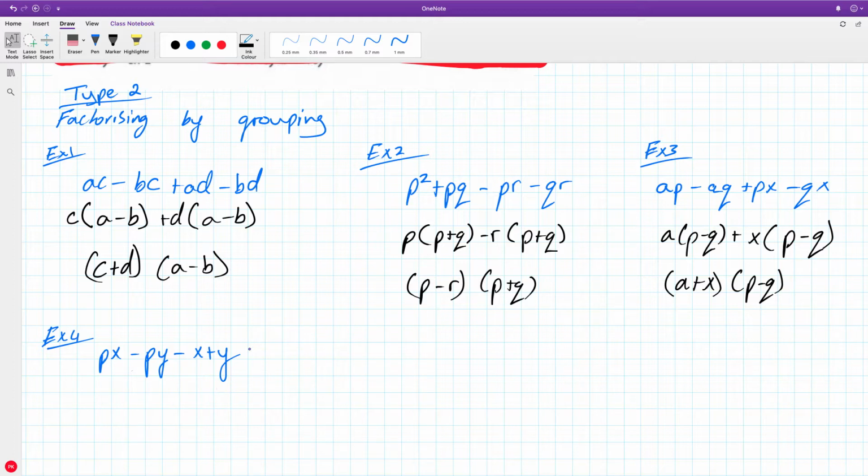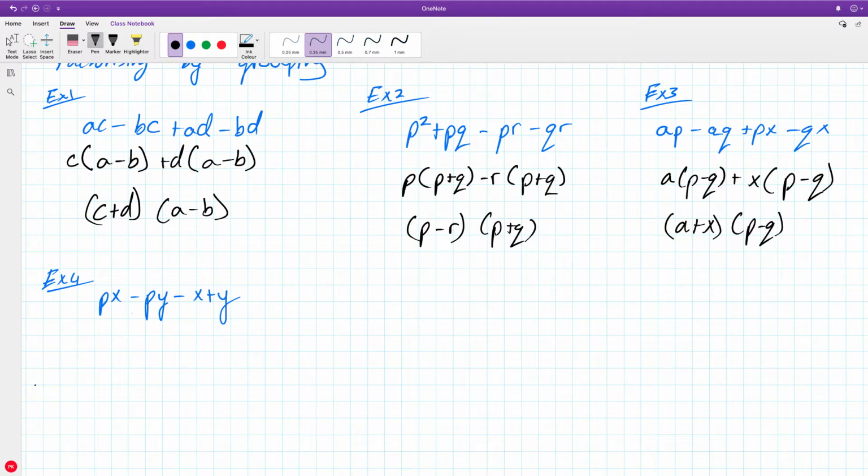Factorize px minus py minus x plus y. Right.